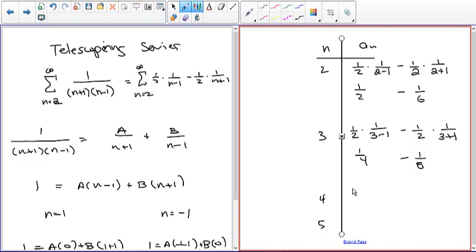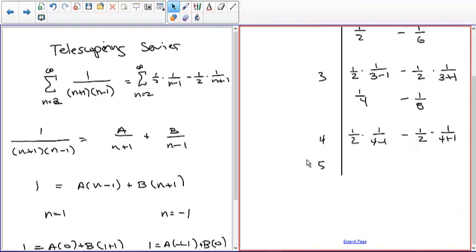So the next one is 1/2 times 1 over 4 minus 1 minus 1/2 times 1 over 4 plus 1. So 1/2 times 1/3 is 1/6.